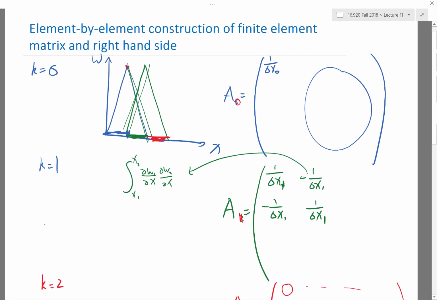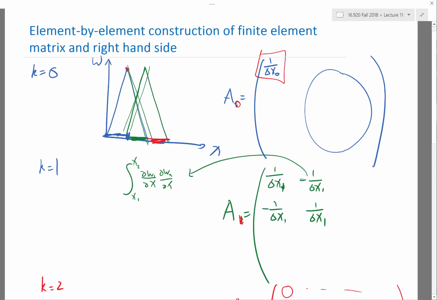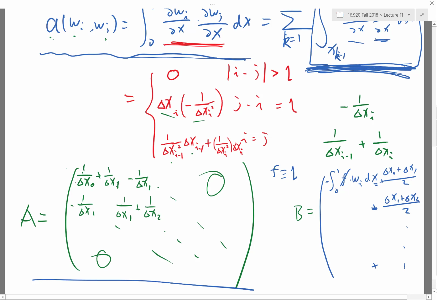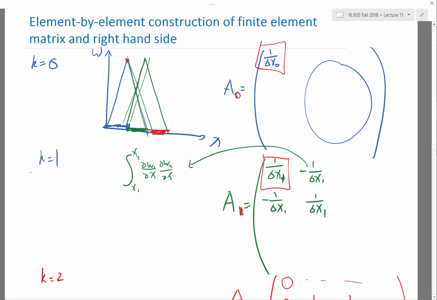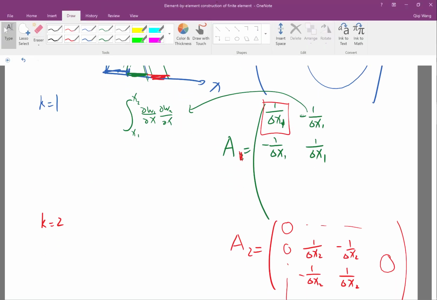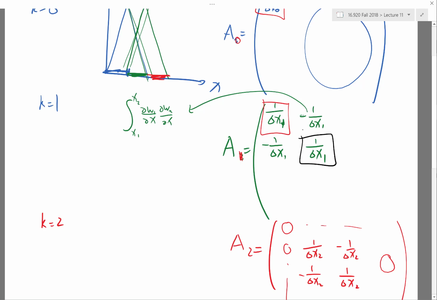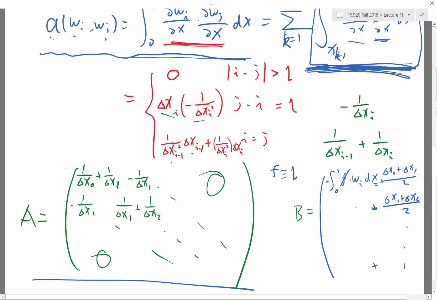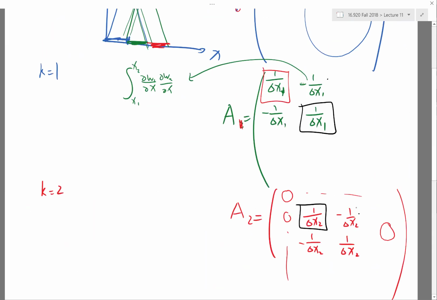So for example, this entry is going to be added to this entry to make 1 over delta x0 plus 1 over delta x1, and then this entry is going to be added to this entry, which makes 1 over delta x1 plus 1 over delta x2. While all the off-diagonals only appear in one of the matrices, so they are just a single entry. Make sense?